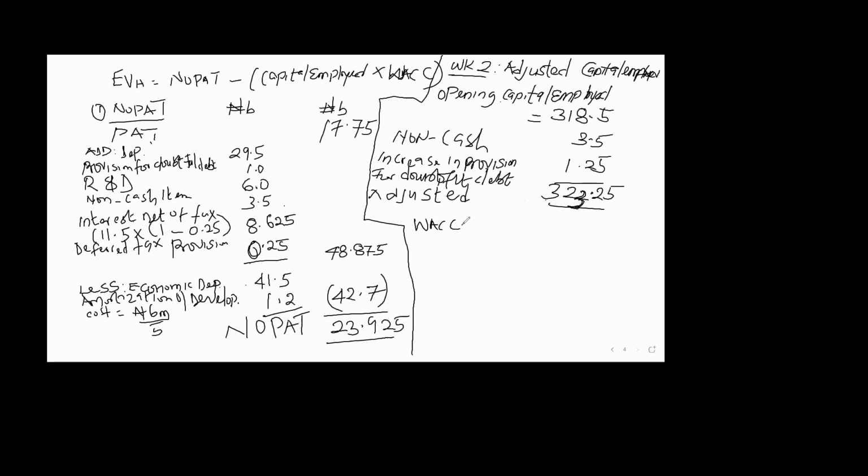Sorry, I want to ask. Please go ahead. Why are we not adding the research and development, the amortized development cost of 1.2, into the capital employed?